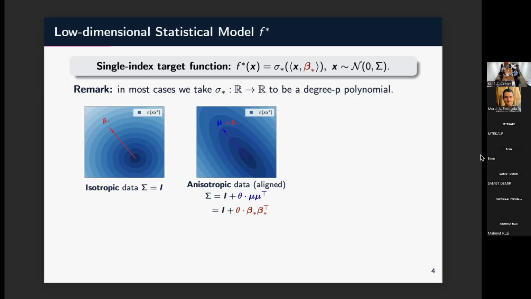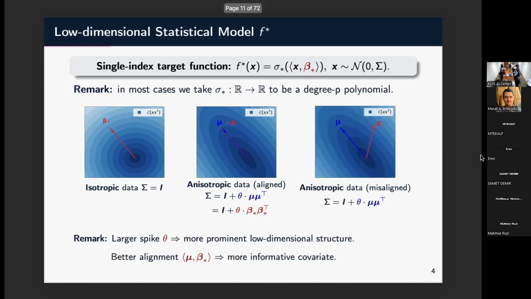And then I will interpolate between these two extremes. The left one was the uninformative input. The middle one actually has too much information contained in the input. And now I'll interpolate between these two. Now there is some information in the input. So you see that there is some angle between mu and beta star, but the alignment is not perfect.